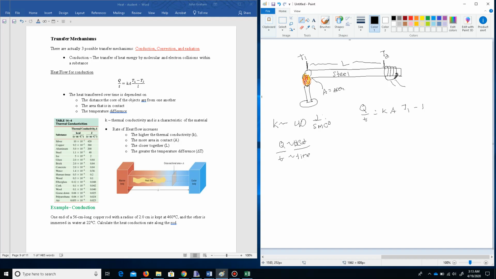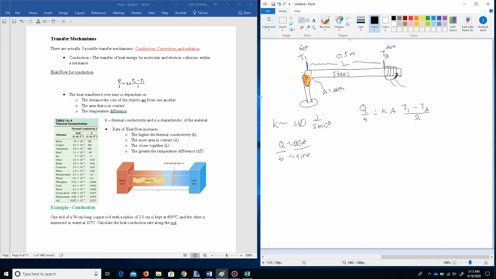So let's say L is 0.5 meters, so about 50 centimeters. This is heated at 60 degrees, and this is just at 20 degrees.